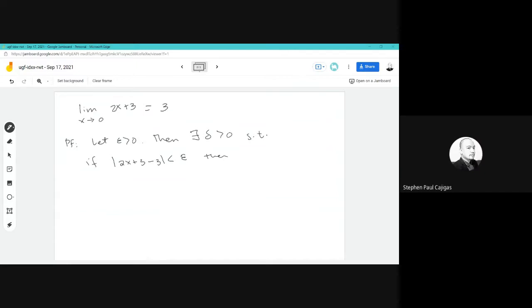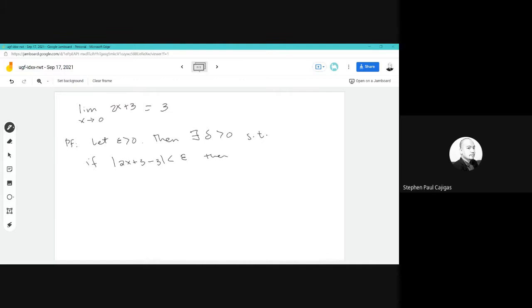So we will do this next. Previously in calculus we were finding the limits of functions, but this time we are going to prove the limits of functions.